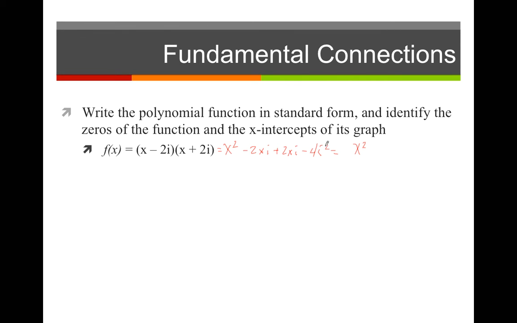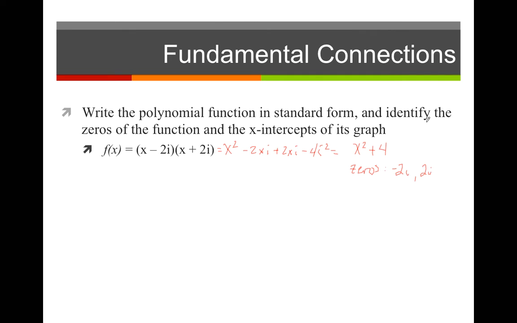Well, minus 4i squared is a plus 4, and notice the middle terms go away, so it's a plus 4. So this is the standard form for this polynomial. And the zeros are negative 2i and positive 2i. Those are my zeros. However, since these are imaginary, there are no x-intercepts.